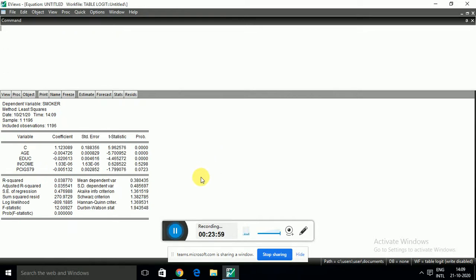The problem in this result is how we interpret the coefficient associated with the linear regression function. If the age increases by 1 unit, so as I become more elderly, my probability of smoking cigarettes is falling by 0.004%.